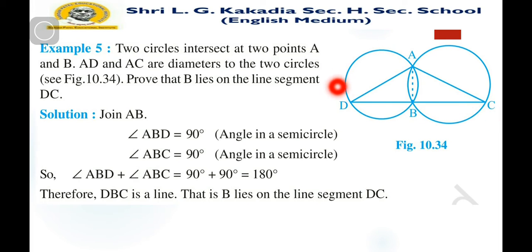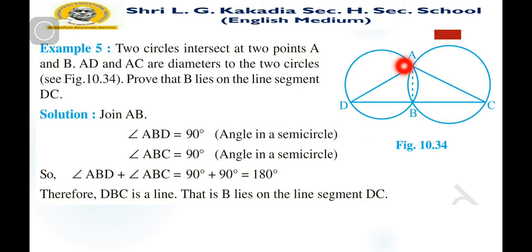So here you can see that ABD is an angle in a semicircle, so this angle is 90, and likewise ABC is an angle of 90 because it is in a semicircle. Join AB. Angle ABD is 90 and ABC is 90. Why? It is an angle in a semicircle.